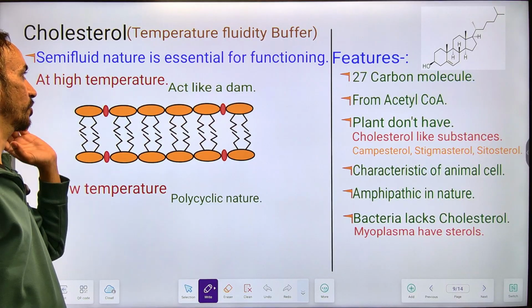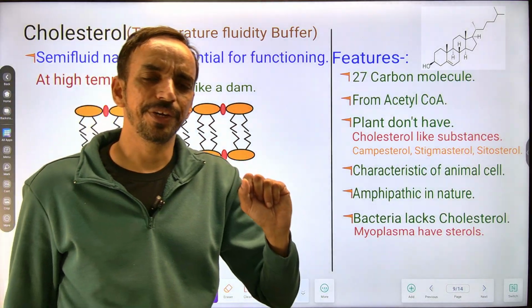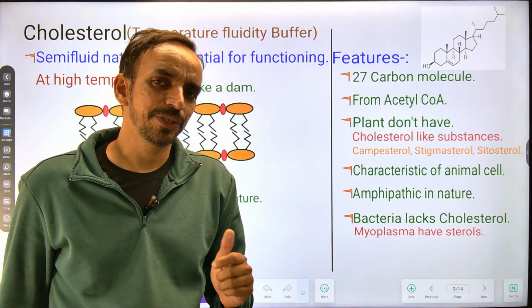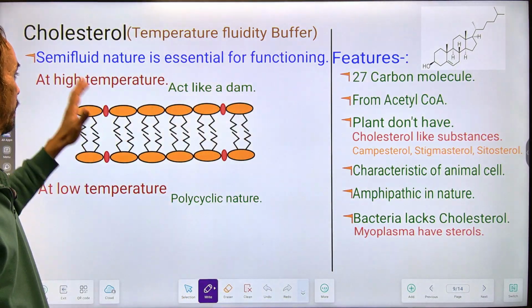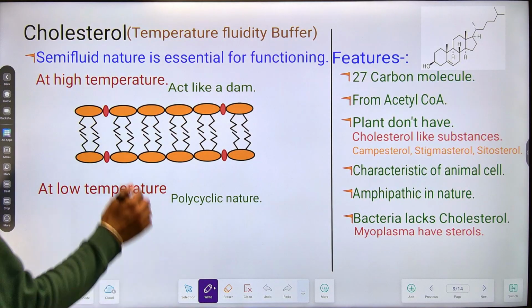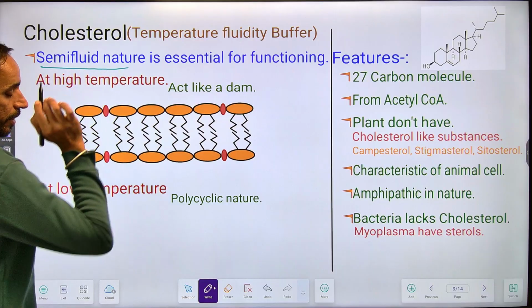कोलेस्ट्रॉल। Now this cholesterol it is called as temperature fluidity buffer. Why it is a temperature fluidity buffer? Because it maintains the semi-fluid nature of plasma membrane.